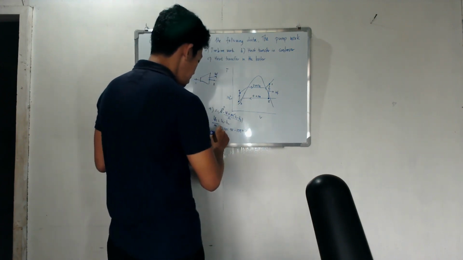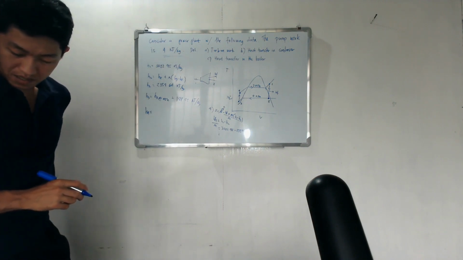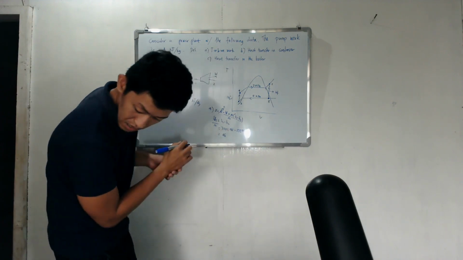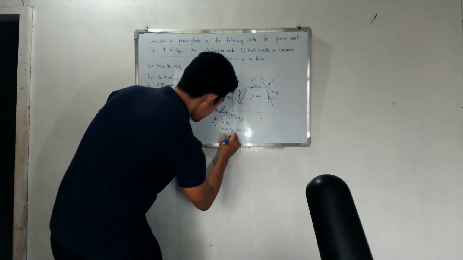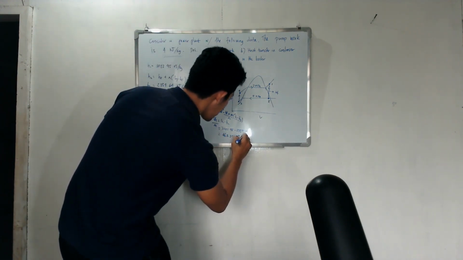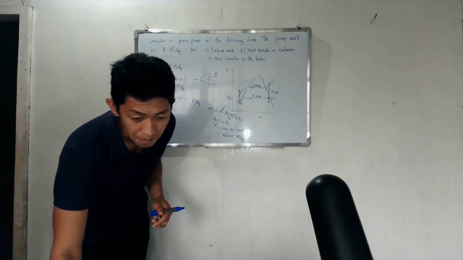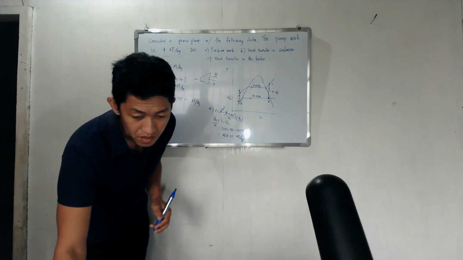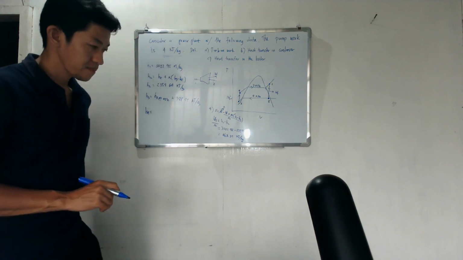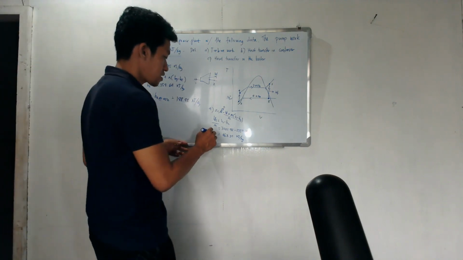Ang work sa turbine per kilogram is 663.31 kilojoule per kilogram, no?